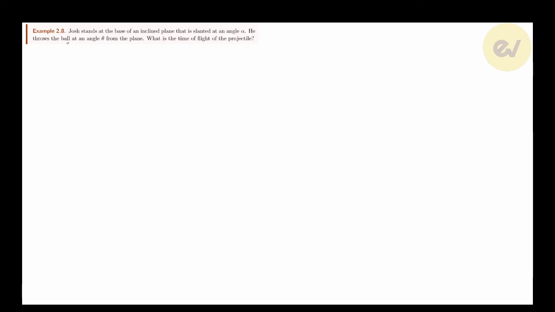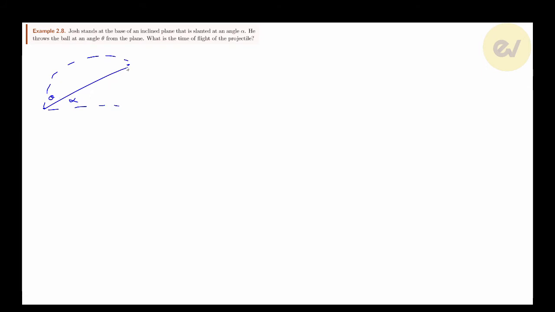Okay, so in this problem, Josh stands at the base of this inclined plane that has an angle alpha, and he throws the ball at an angle theta from the plane, and we want to find out what is the time of flight of the projectile.